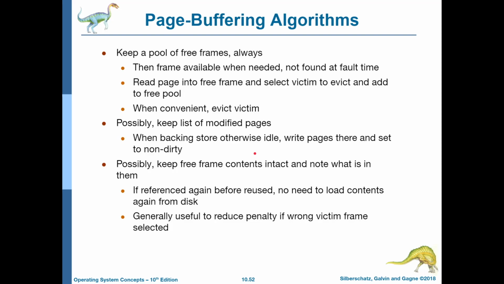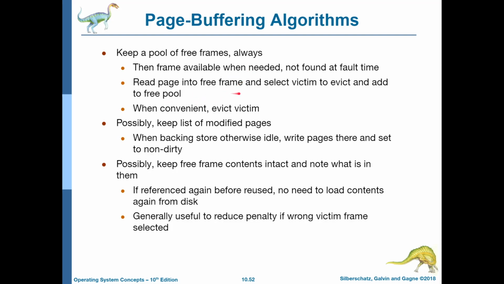There are also algorithms to help with page buffering. Page buffering is where we have a pool of free frames. Whenever a page fault happens, there's a frame available and we can simply swap in without having to worry about swapping out.